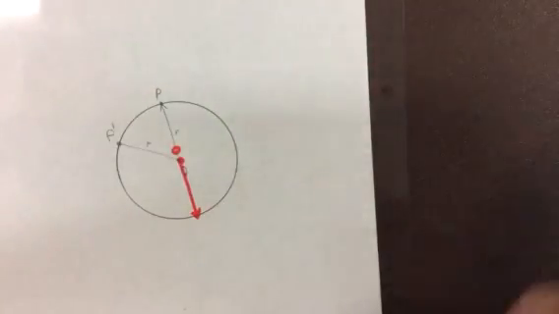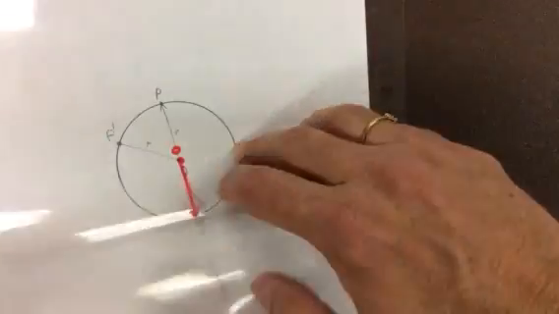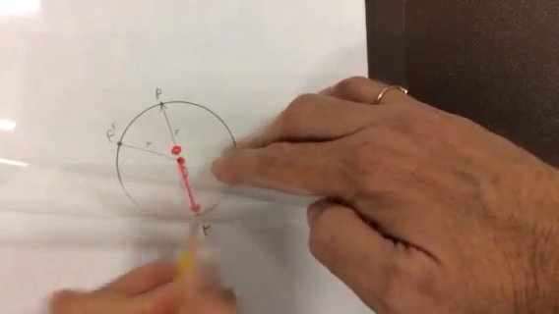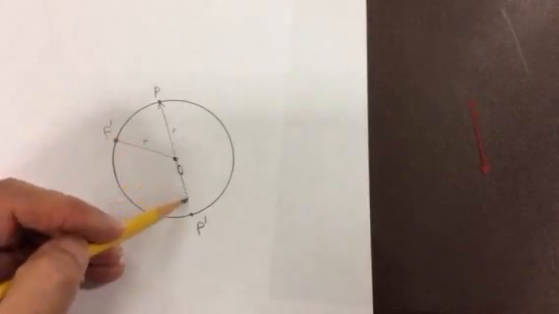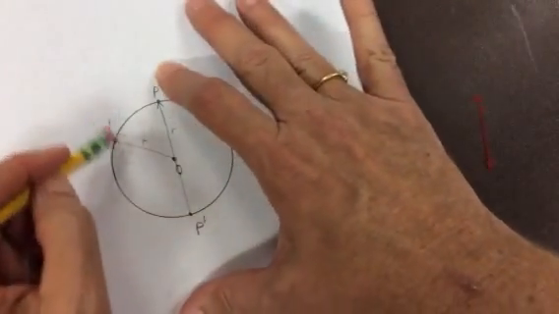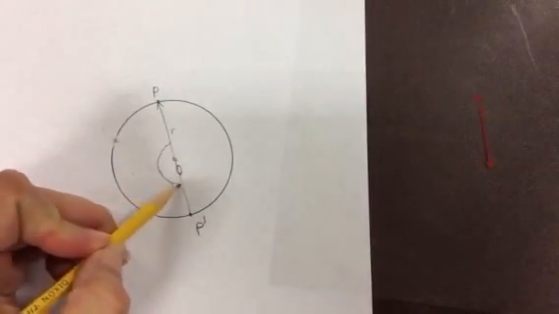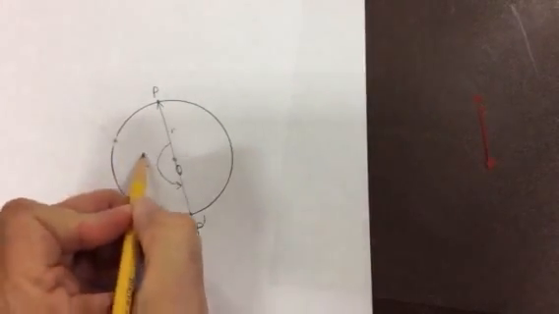So let's label that P prime right there. And that is rotated, well, let's get rid of this one. That's rotated 180 degrees. That's a 180 degree rotation.